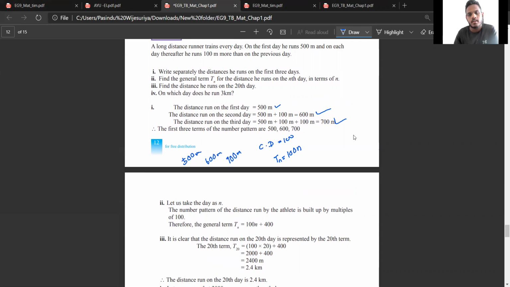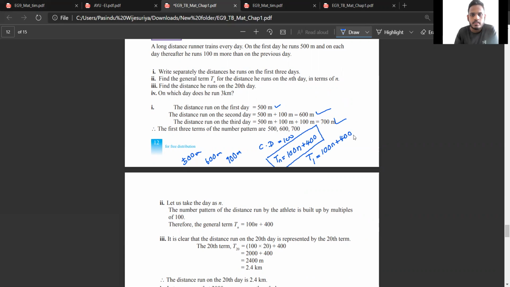How do we get 500 from 100? For the term T1, it is 100n plus 400. The first term is 500, and n is 1, so 100 plus 400. So the equation is Tn equals 100n plus 400.